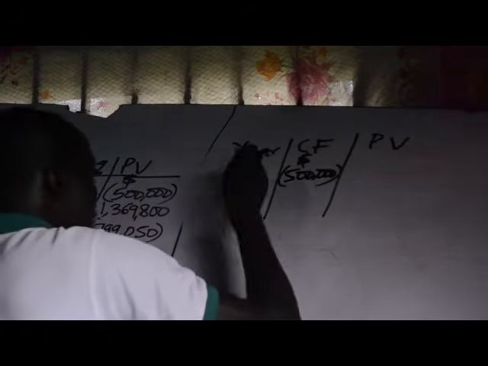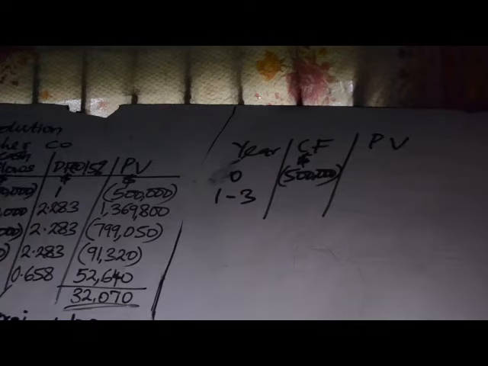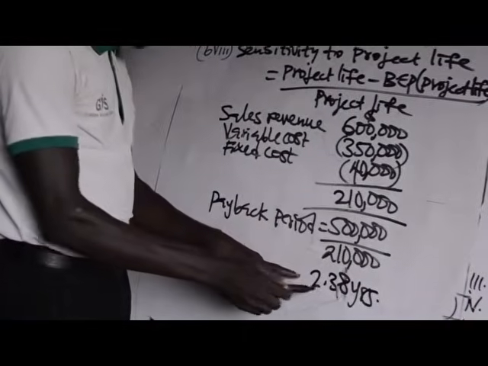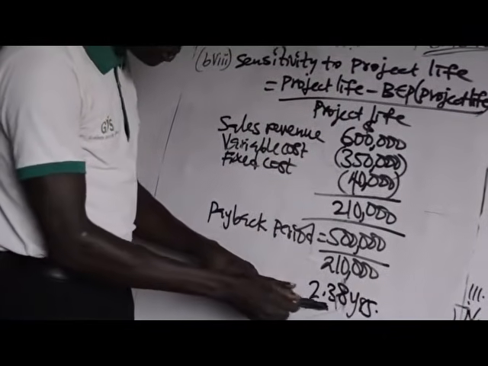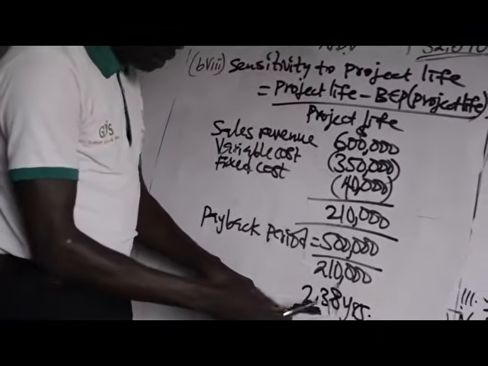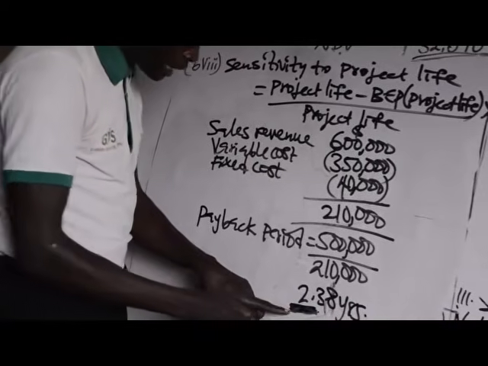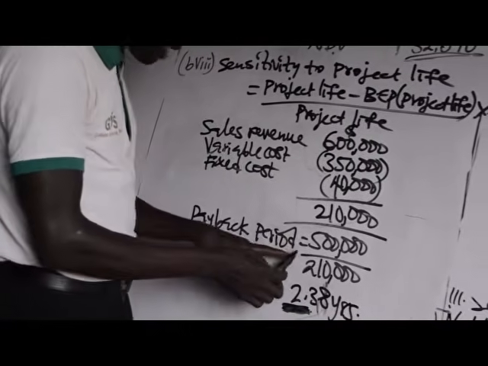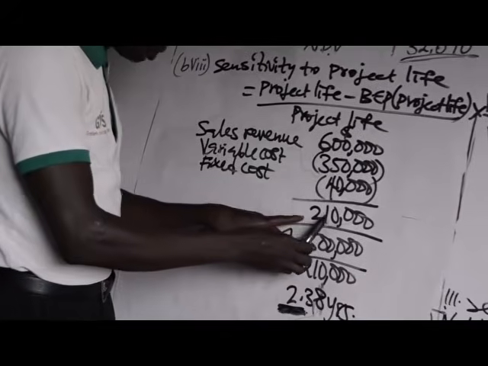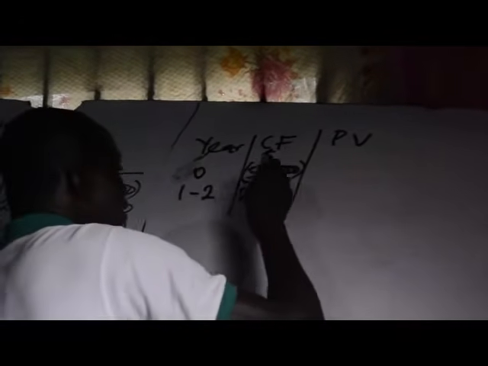In years 1 to 3, we have net cash flows of 210,000. But let's approximate it to 2 years. Let's forget about 0.38. So now let's just say years 1 to 2, 210,000.